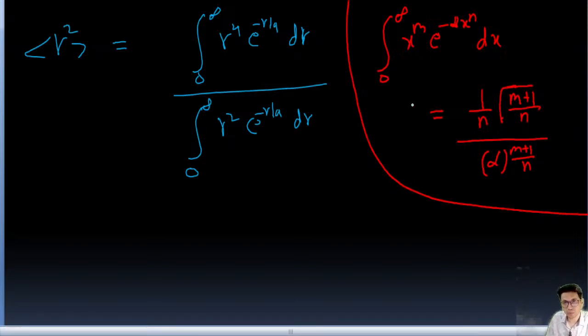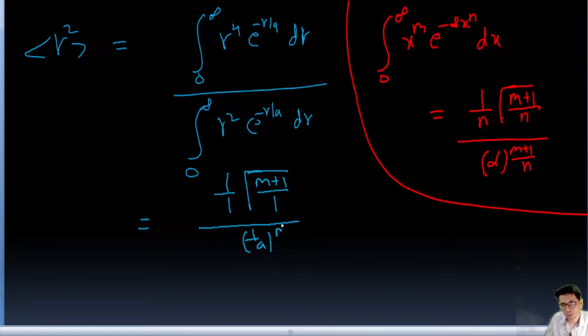So we'll directly write using this formula: 1 by 1, gamma of m plus 1 upon 1, and alpha is 1 upon a, so 1 upon a to the power m plus 1. M is 4 here, so 4 plus 1 upon 1.